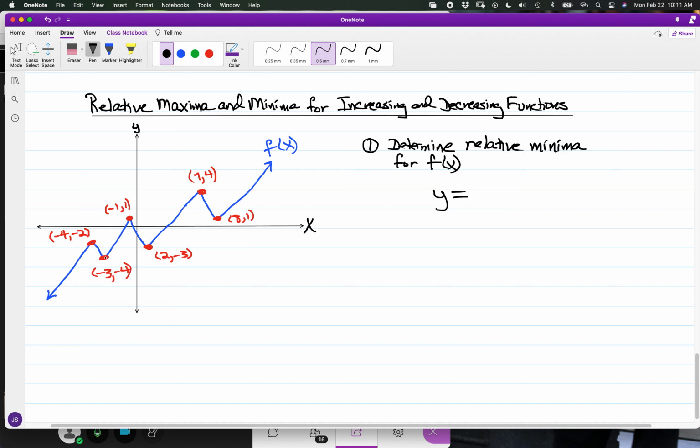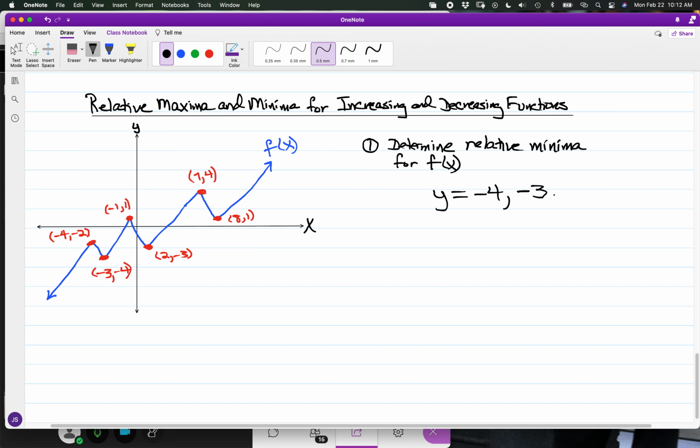Then after this, you have going back up, and then going back down, so you have another point where you have bottoming out at 2, negative 3. So your next relative minimum is going to be y is equal to negative 3. If you notice, you have another dipping point, so to speak, and that is going to be at y is equal to 1. So you have at that point 8, 1.